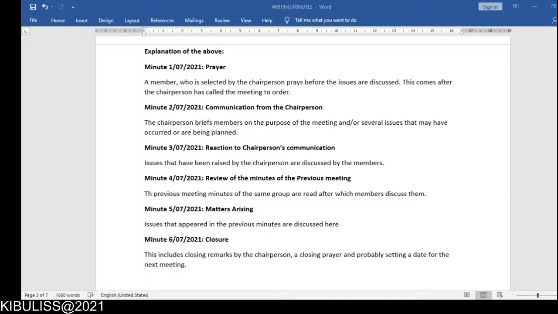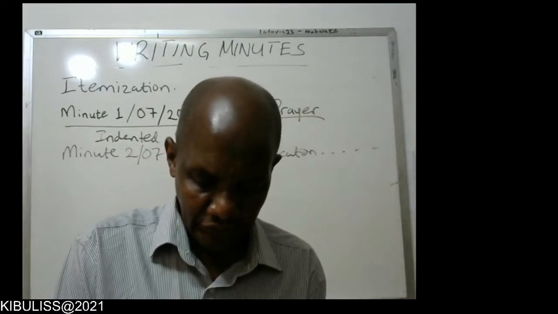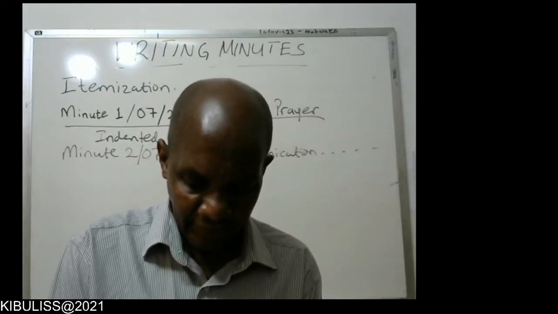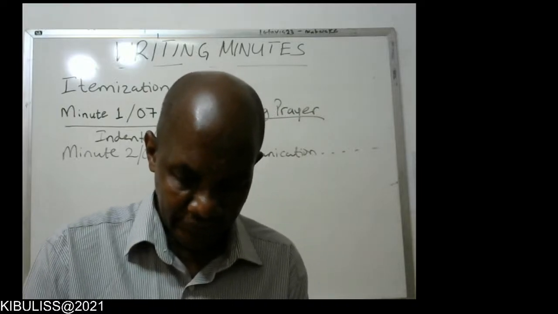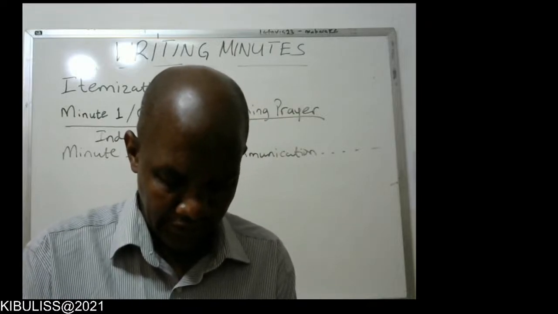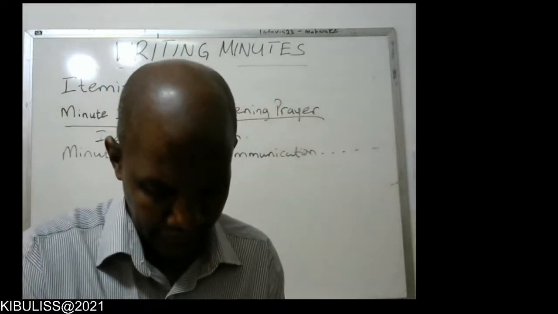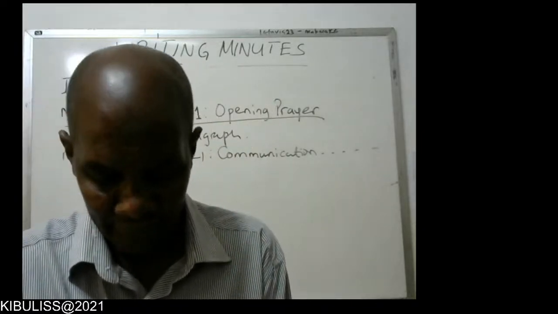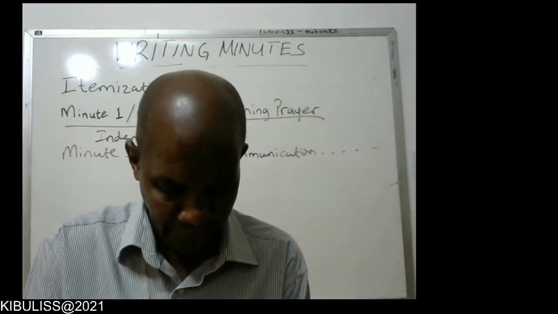And like I said, because you are a member of that group and you might have attended that previous meeting, it is now your duty to ensure that you have understood the minutes of the previous meeting. If they have an error, you let the meeting know. You raise your hand and say, I beg we make a correction on this point. The secretary didn't record it accurately. This is actually what we discussed. That is the moment when corrections will be made before those minutes are signed.